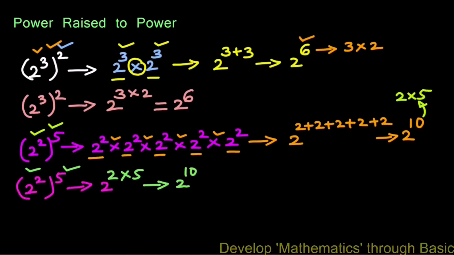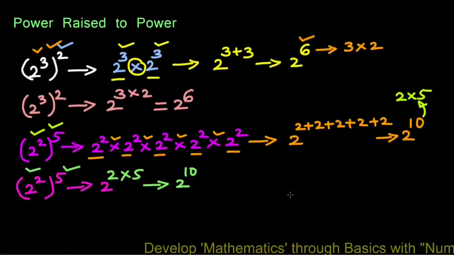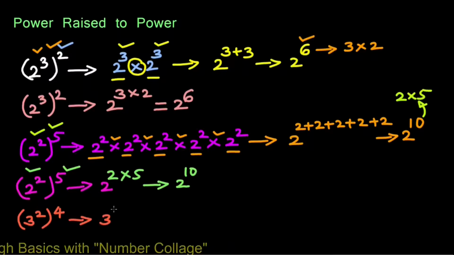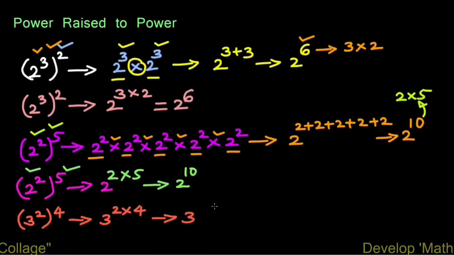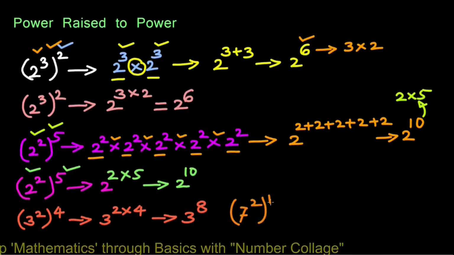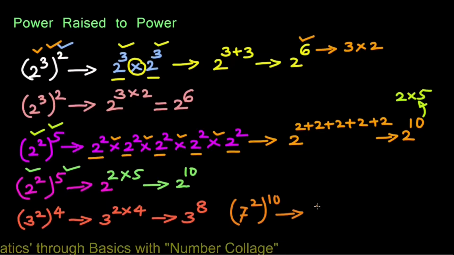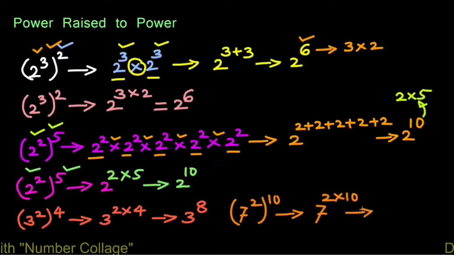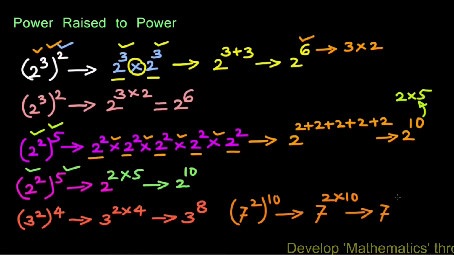So similarly, we can now directly write 3 squared raised to 4 as 3 raised to 2 multiplied by 4. So that will be 3 raised to 8, or 7 squared raised to 10 directly as 7 raised to 2 multiplied by 10. So that will be 7 raised to 20.